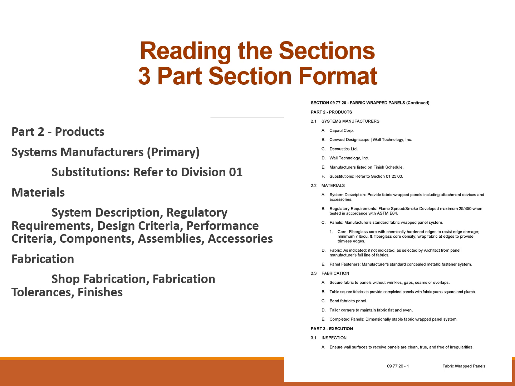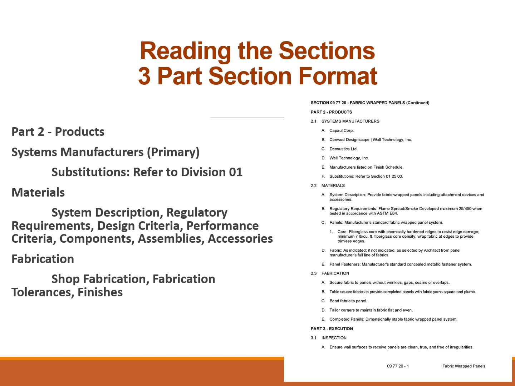We want concealed metallic fastener systems, which could in fact be a magnetic system, or it could be a Z-type clip hanging system. Then there are specific fabrication requirements that you might want to say. Not all these panel manufacturers might use as their standard construction, bonding the fabric to the panel. This says even if we've specified one of your products, we want that product to be bonded to the panel, not just hanging over to where later on it might start sagging.